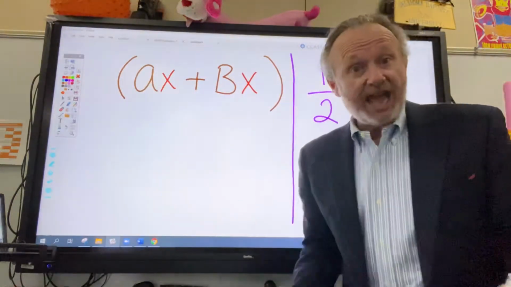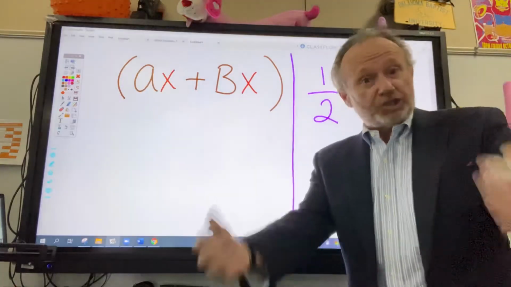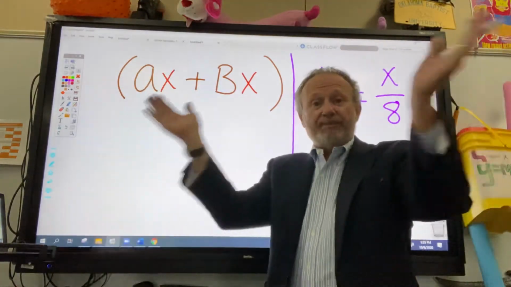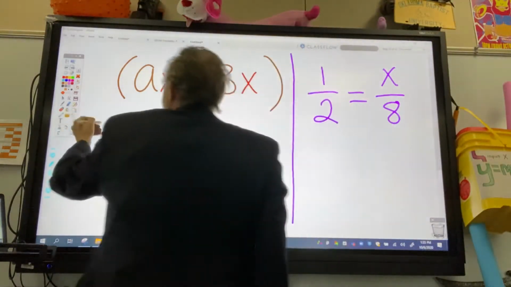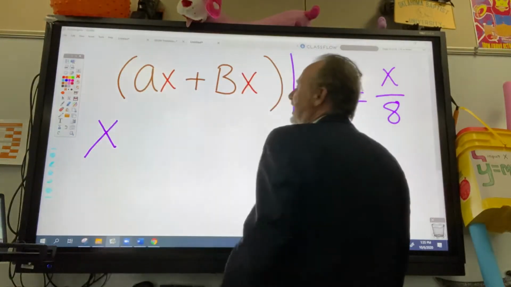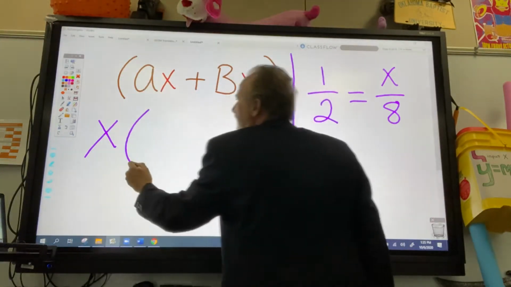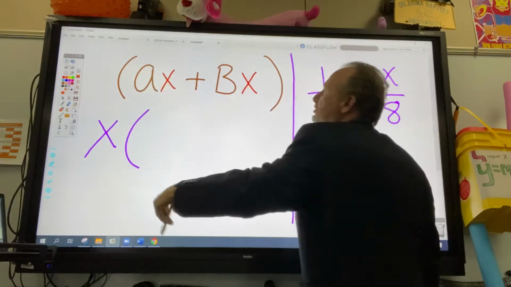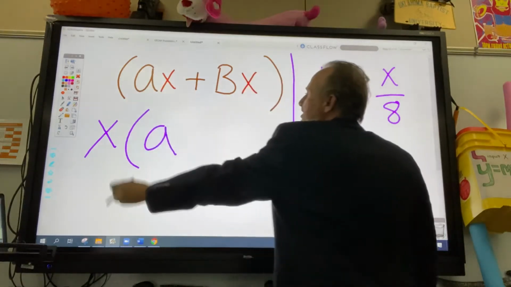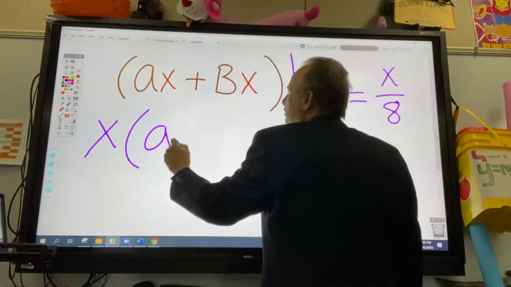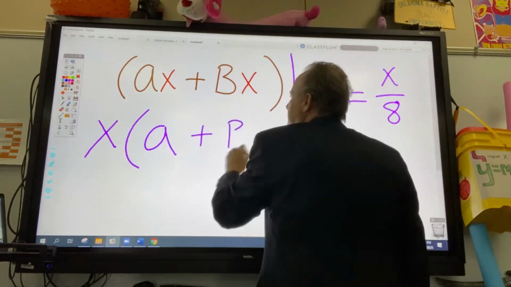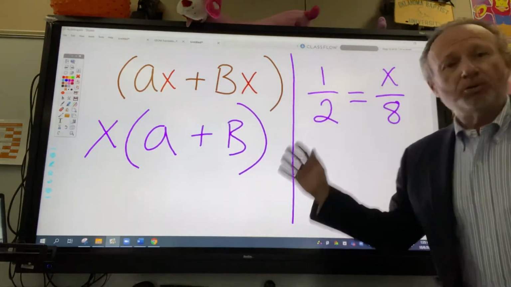Oh yeah, there's an x. Okay, the x's are the twins. And I'm going to take the twins and turn them into 1. So what am I going to do? I'm going to divide by x. All right, and when I divide by x, x goes into ax a times, x goes into bx, okay, plus b times. So now look what I did.